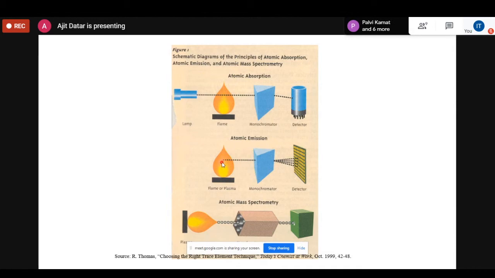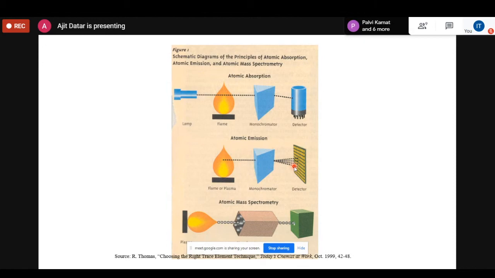So the different emission lines which come become a polychromatic radiation, because there are different elements present in your sample. All of them will give a polychromatic radiation, which is diffracted by using a monochromator, and all the elements are put onto a CCD detector. So there is an XY plane detector, and each diode on this detector is for a particular element or a particular line of a particular element, because every element gives you several emission lines.